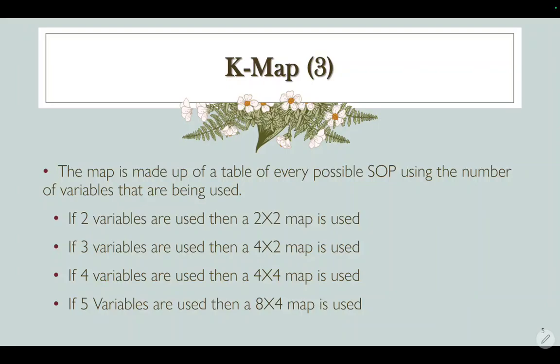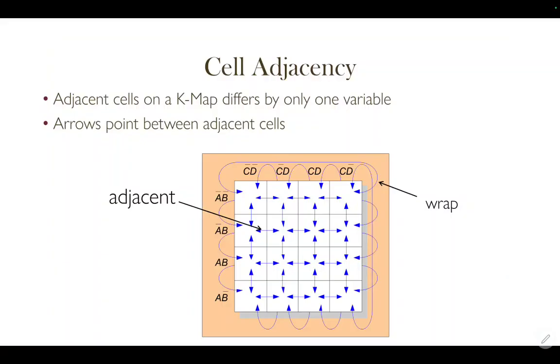Okay. So the map is made up of a table of every possible SOP using the number of variables that are being used. Either you can have 2 times 2, 4 times 2, 4 times 4, 8 times 4. For 2 times 2, it's 2 variable, which is A and B. 3 variable, A, B, C, you got 4 times 2. 4 variable, A, B, C, D. And then this one is 5 variable.